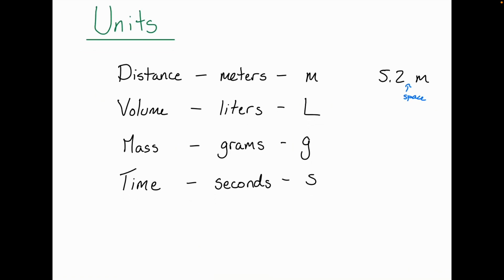All right, and then the last one that we're going to see is temperature. There are two units that you'll see throughout this course. One of them is degrees Celsius. It's got this little degree sign and a C. That is sort of the metric system equivalent of what we use here, Fahrenheit, right?